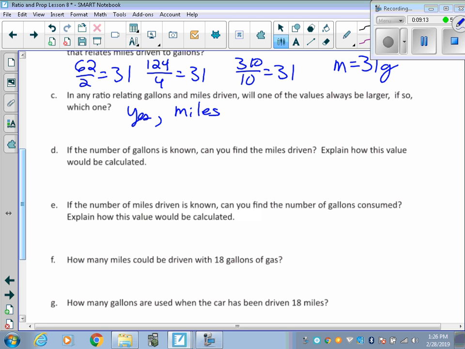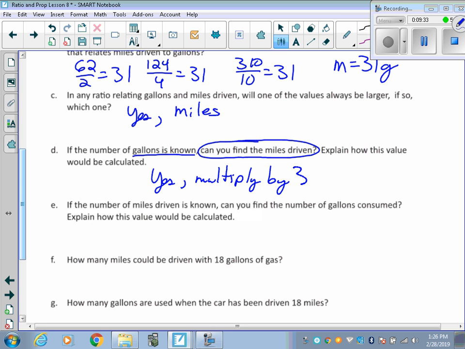If the number of gallons is known, can you find the miles driven? Explain how you calculate it. So again, if we know gallons, can we find out the number of miles? The answer is yes. You multiply by 31, because 31 is your constant of proportionality.